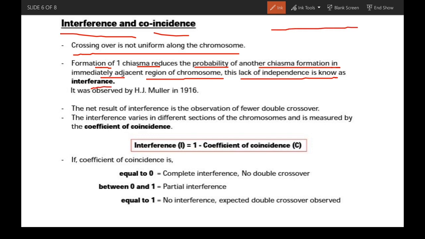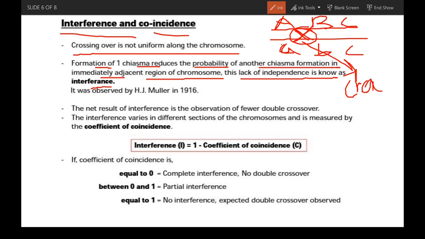So for example, we have these two homologous chromosomes A, B, C and A, B, C. If a chiasma forms here during crossing over, this chiasma will reduce the probability of formation of another chiasma.